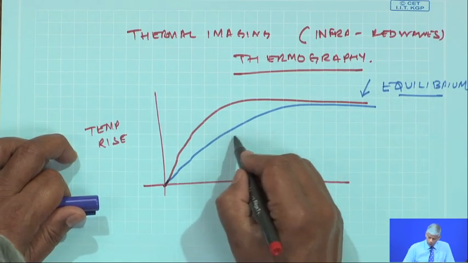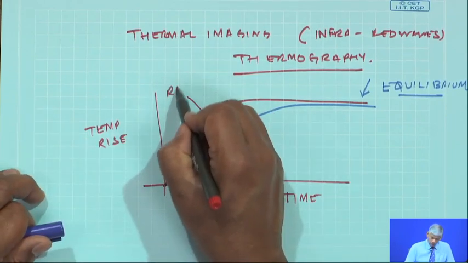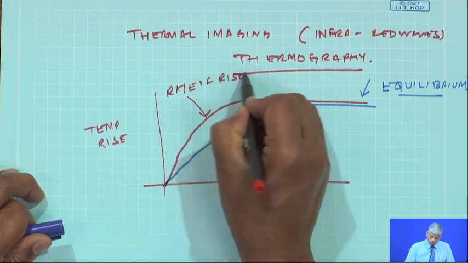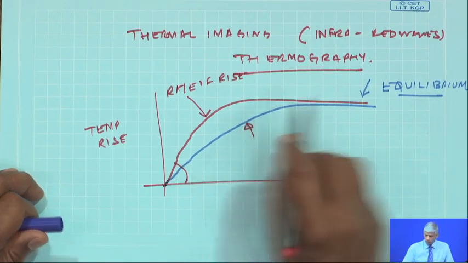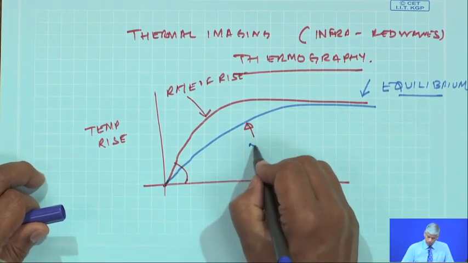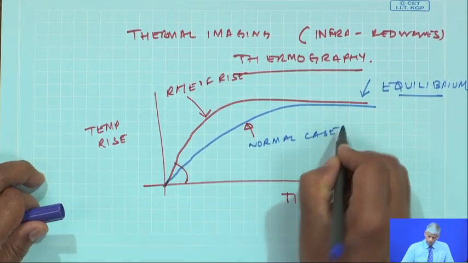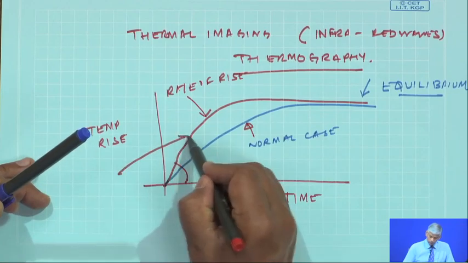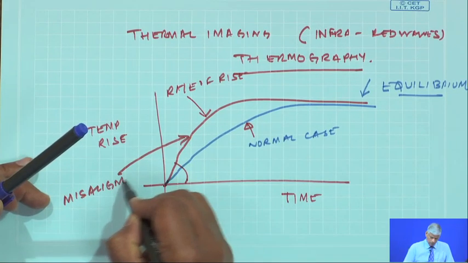So, this is the rate of rise. The slope here is much higher than this. This is for the normal case, and this is for the misaligned case.